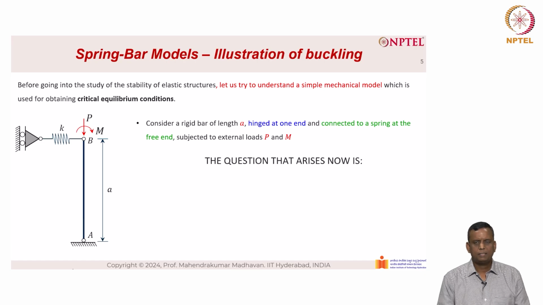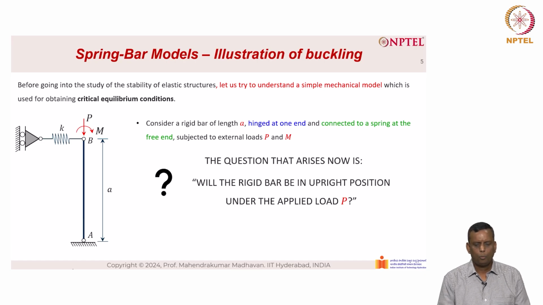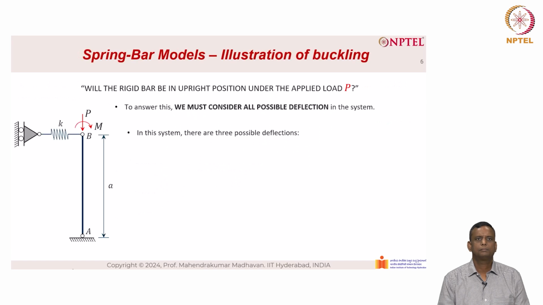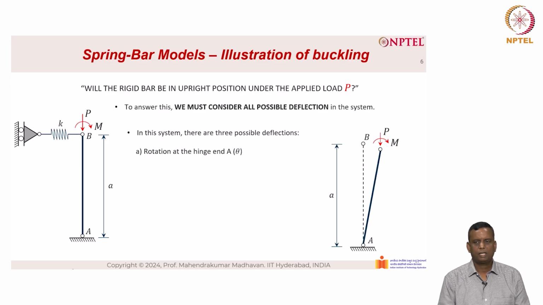The question that arises now is, will the rigid bar be in upright position under the applied load P? To answer this, we must consider all possible deflections in the system. In this system, there are three possible deflections. First, rotation at the hinge end A, which is theta. As you can see on the right side, it can rotate at the end A by an angle theta.